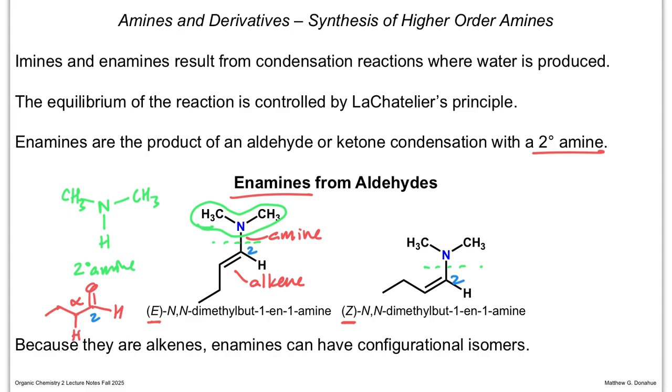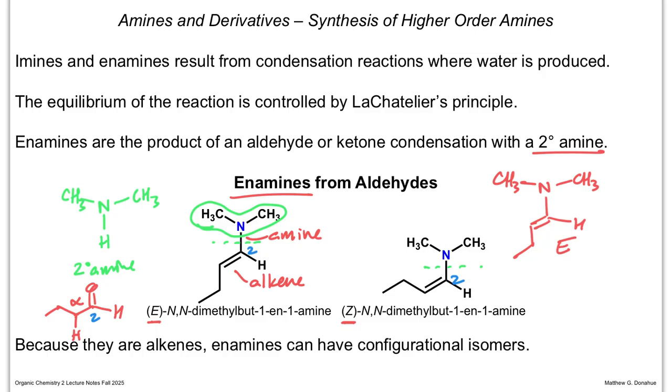So let me redraw, because I'm getting a rainbow of colors over here. So this one was said to be E, and how do we arrive at that? We identify both carbons of the alkene, look at what's bonded to it, and assign priority. And the priority is based on atomic number.